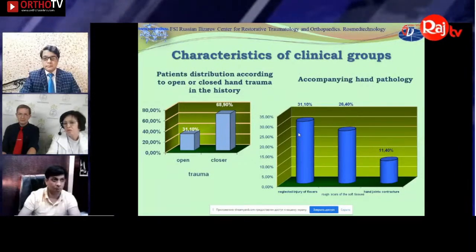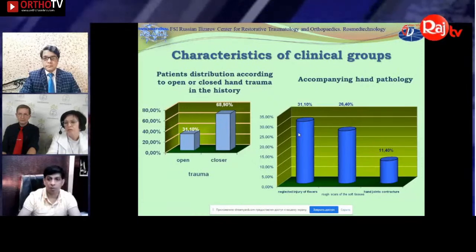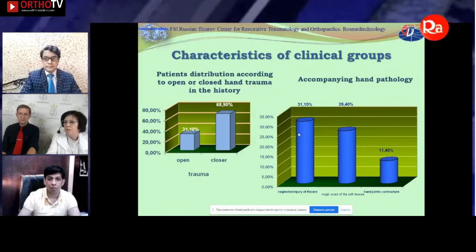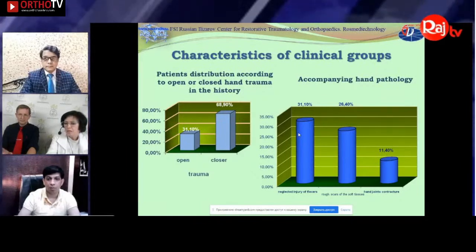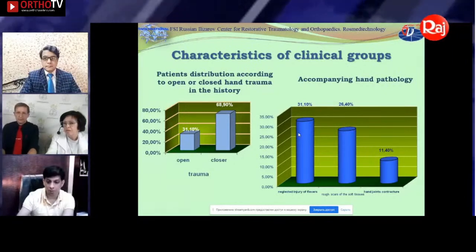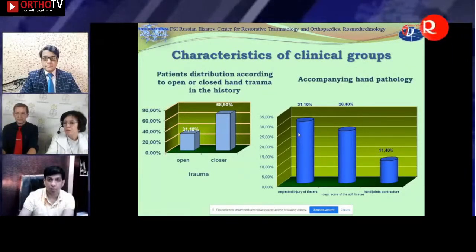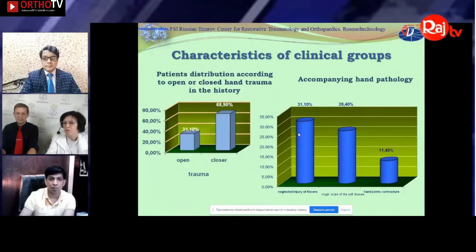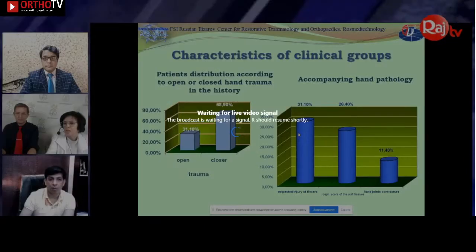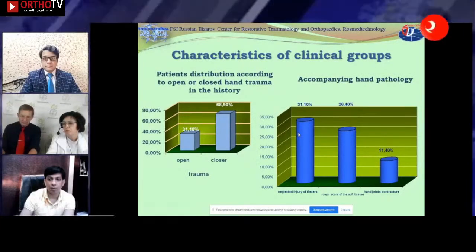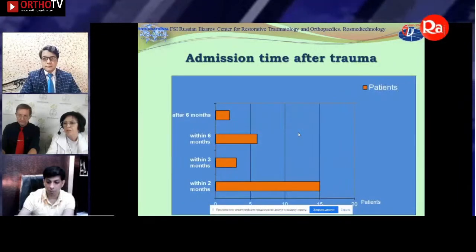We have patients with closed trauma of hand and accompanying hand pathology. Malunion with neglected injury of flexors, 31%, and big scars of soft tissue, 26%, and contracture of joint, 11%.